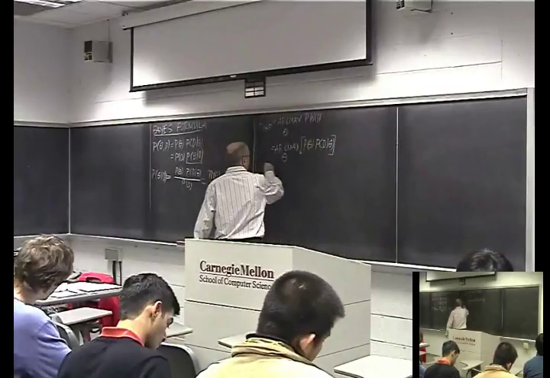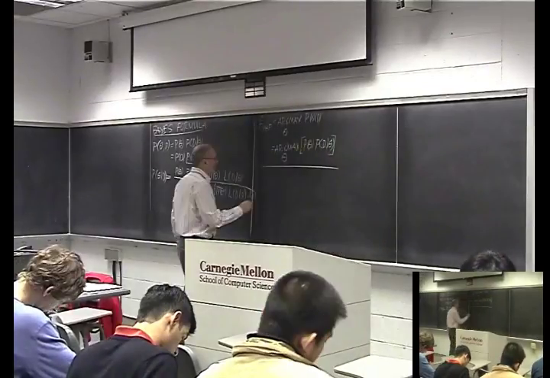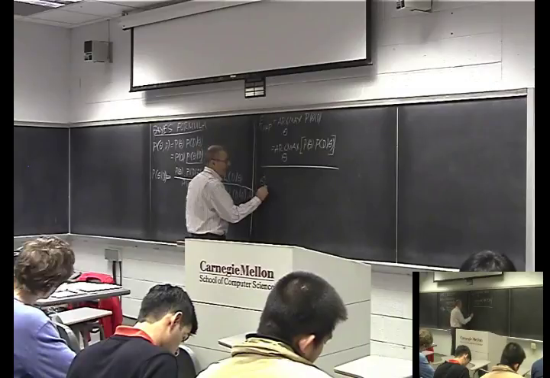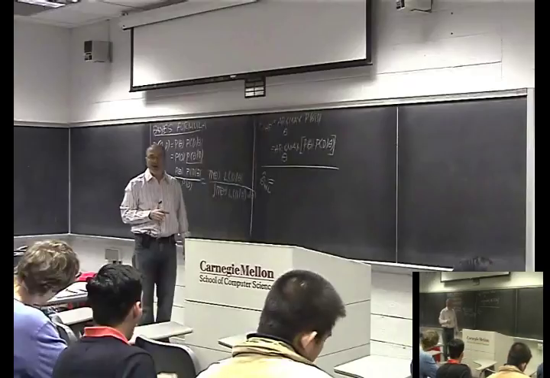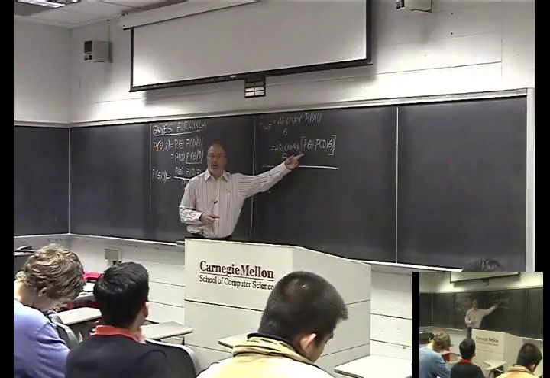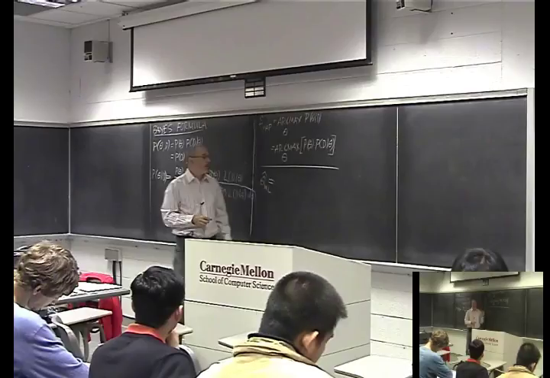In that case we have theta maximum likelihood. You can always define the maximum likelihood solution, but when the prior is uniform, it is the same as the MAP solution.